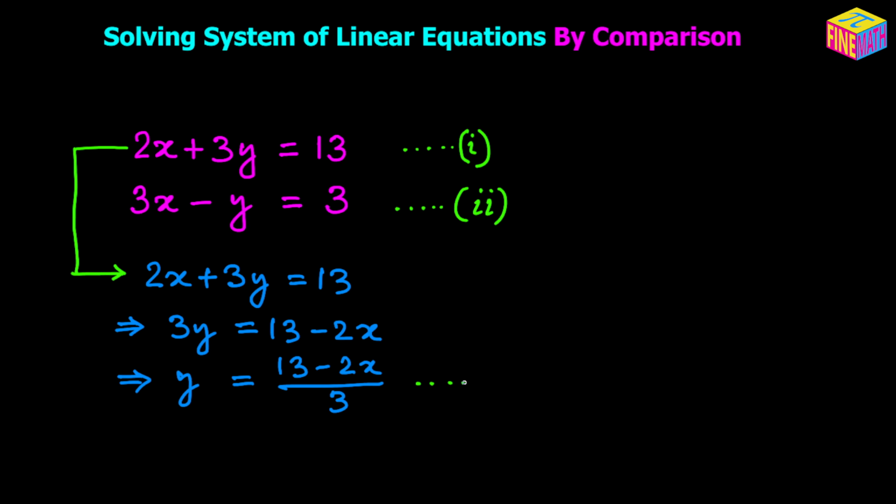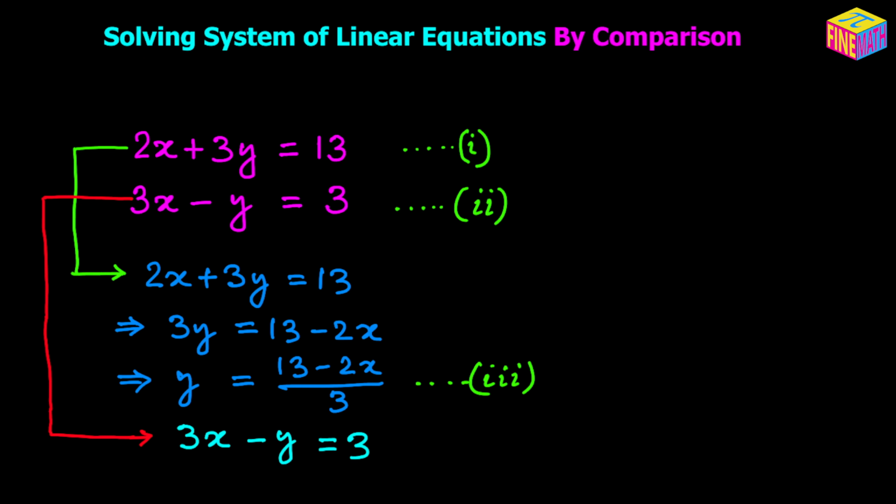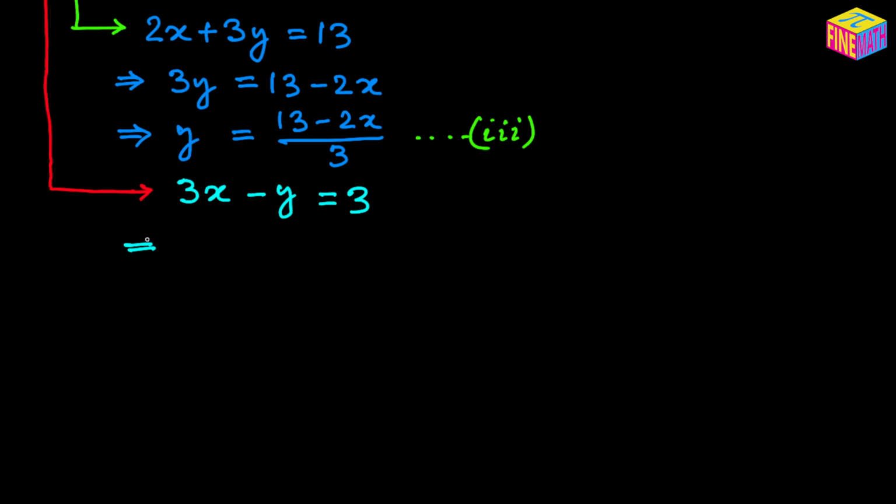Then from the second equation, we are going to do the same thing. We will find the value of y in terms of x. So our second equation is 3x minus y is equal to 3, and from here we keep the negative y on this side, so negative y is equal to 3 minus 3x, transposing 3 onto the right hand side.